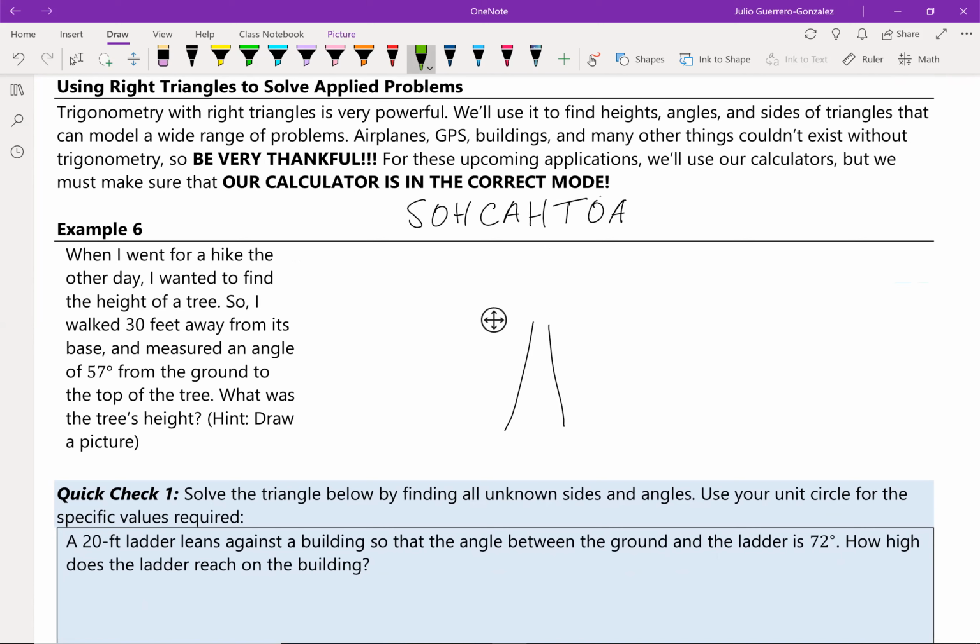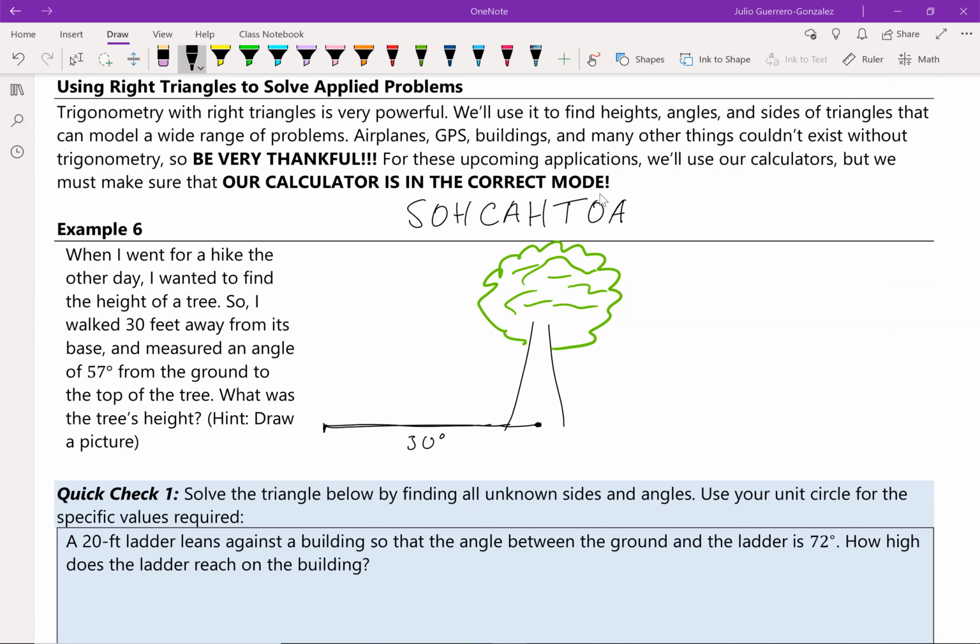I walked 30 feet away from the base. So from here to here, this is 30 degrees, or sorry, 30 feet.